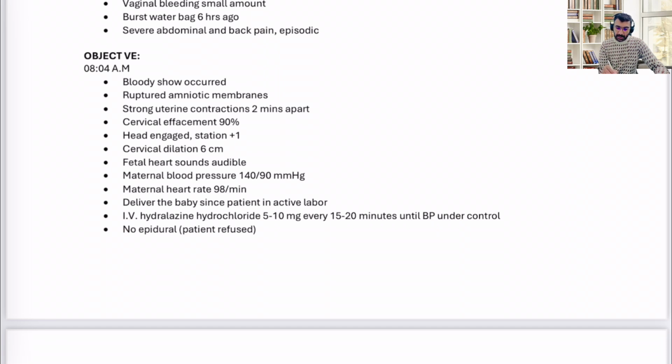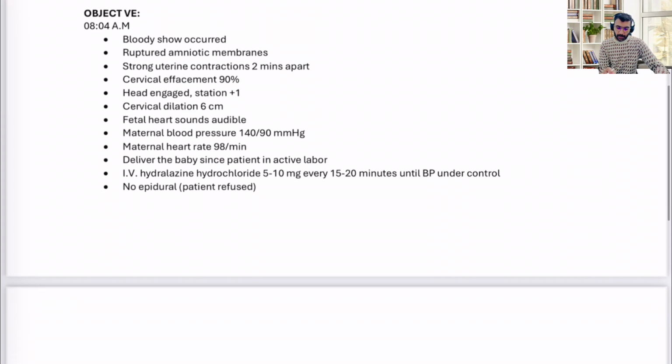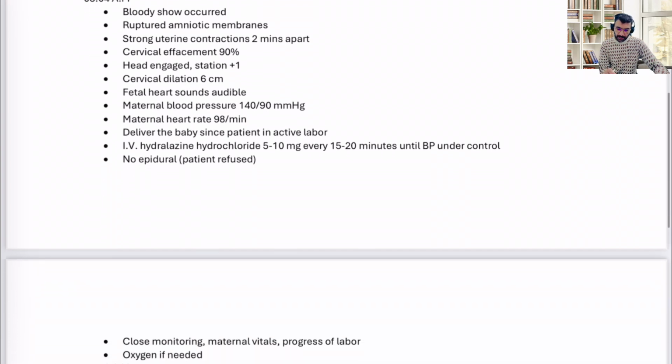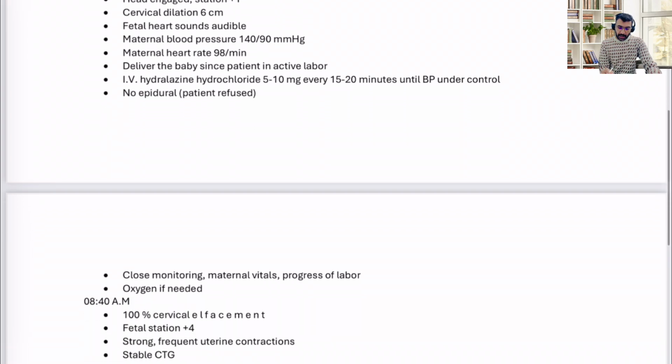Deliver the baby since the patient is in active labor, give hydralazine hydrochloride 5 to 10 mg every 15 to 20 minutes until BP under control. No epidural, patient refused. Close monitoring, maternal vitals, progress of labor, oxygen if needed.